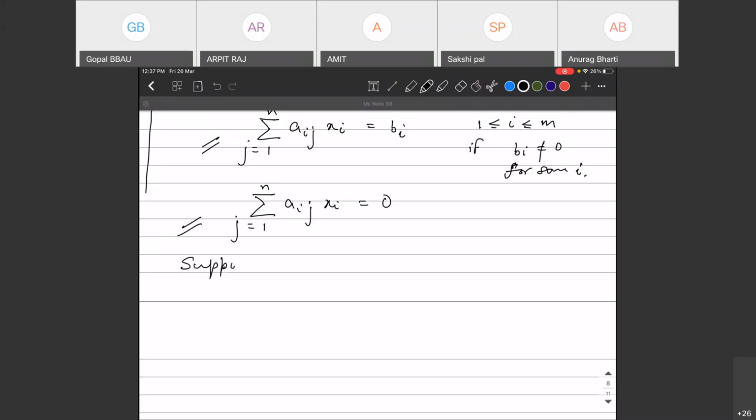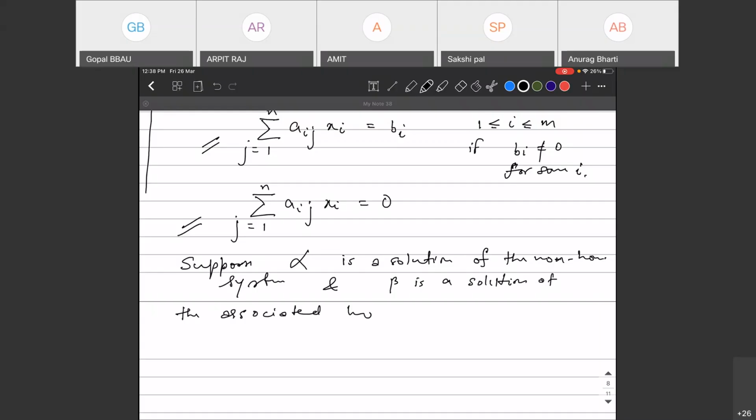Suppose alpha is a solution of the non-homogeneous system. Correct? And beta is a solution of the associated homogeneous system.